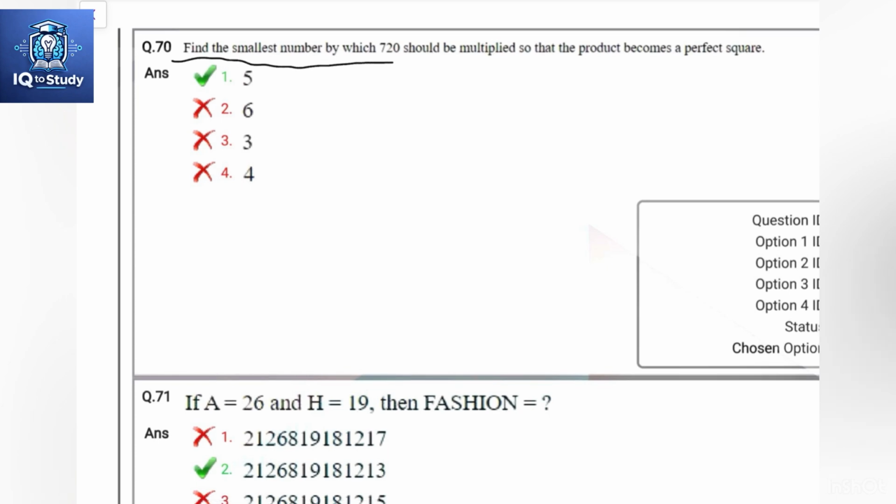Find the smallest number by which 720 should be multiplied so that the product becomes a perfect square. Given number is 720. By prime factorization, it becomes 2 square into 2 square into 3 square into 5.